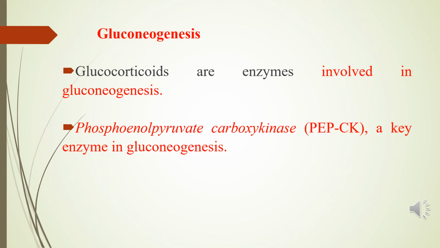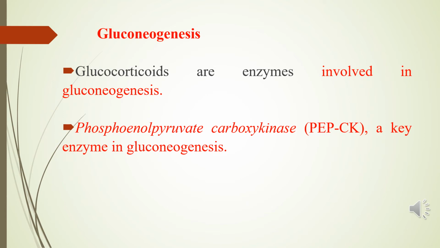Glucocorticoids, and mainly cortisol, as we mentioned, are involved in gluconeogenesis by inducing all of the key enzymes involved in this process. At the same time, cortisol induces enzymes involved in amino acid degradation and catabolism to provide the carbon skeletons which represent the substrates for the process of gluconeogenesis.